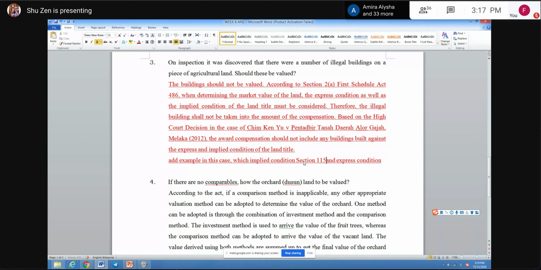One of the conditions is that no building shall be erected on the land unless the building is for accommodation purpose. Yeah, for the accommodation purpose.